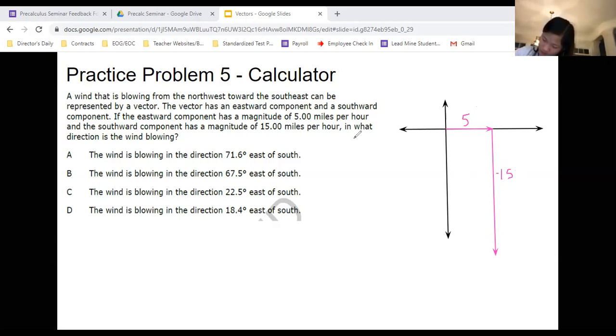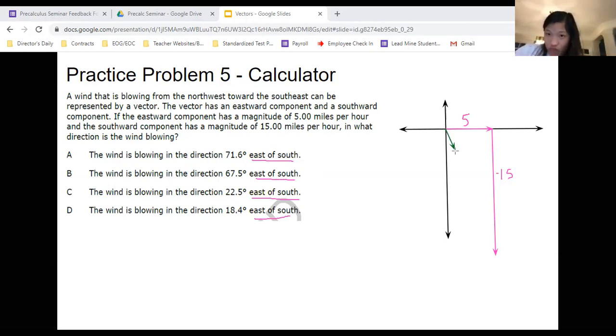I want to know in what direction the wind is blowing. If I take a look at my answers, they're all in bearing form, and they have written it out like you would say it out loud. So let's draw my resultant vector.